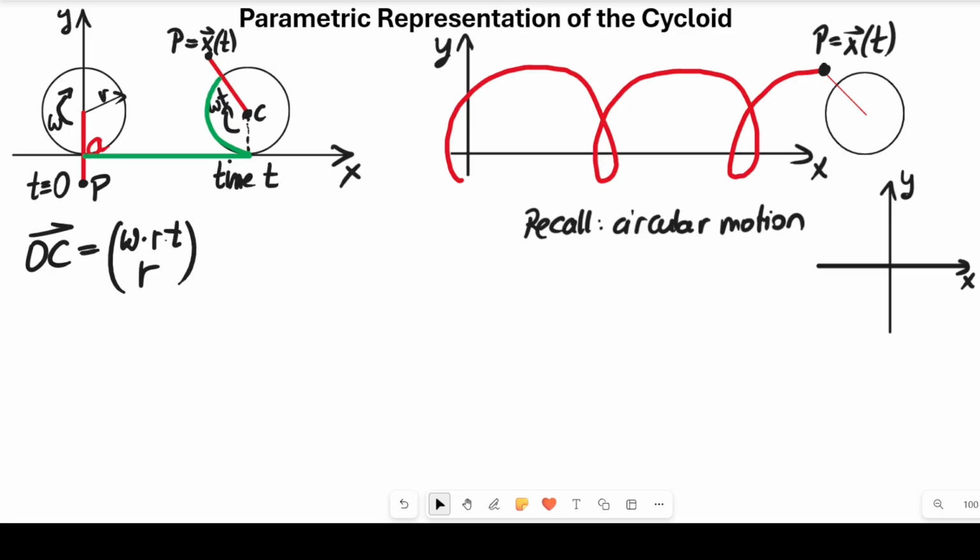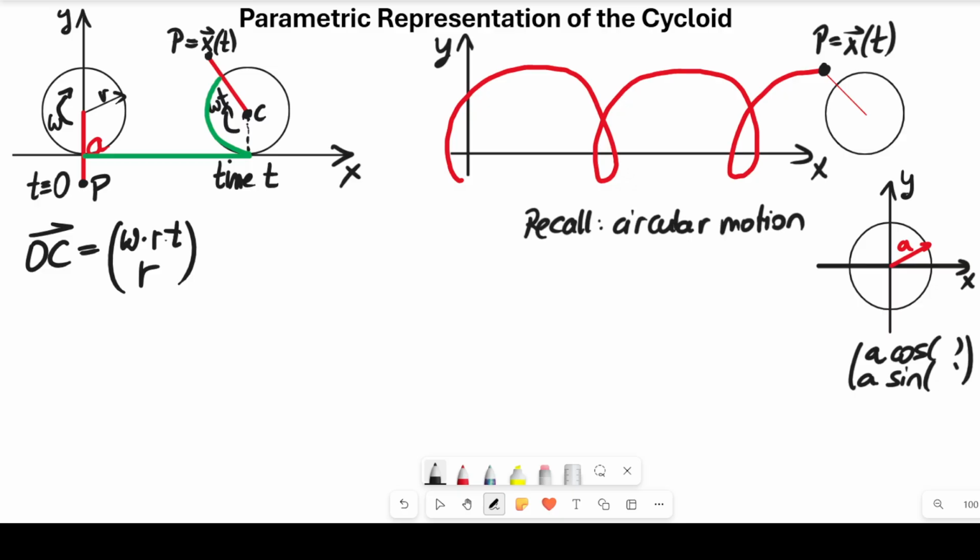Here is the xy coordinate system, and imagine now we have a circle with radius small a, and this has a parametric representation, which is cosine, sine with the corresponding radius a, but we also have here a parameter t, and we are using omega t, so angular velocity omega t.